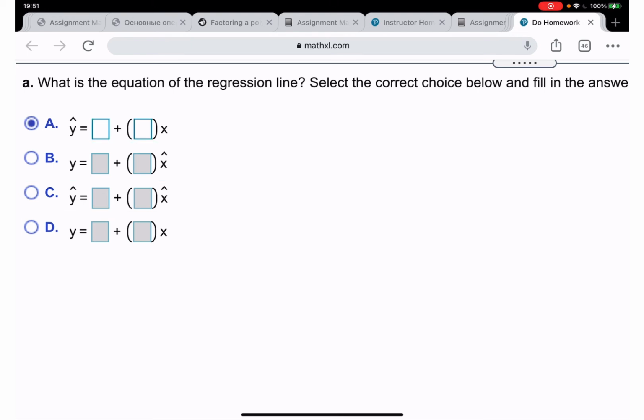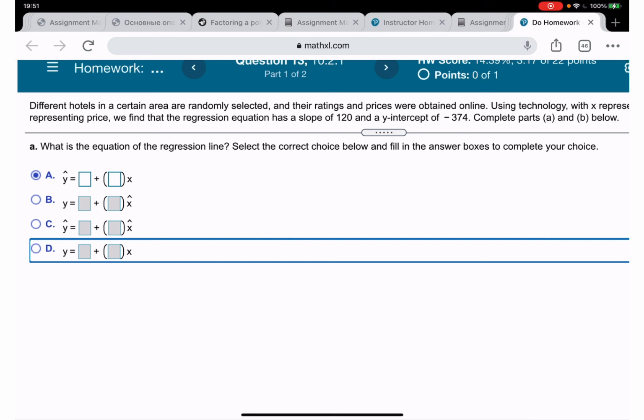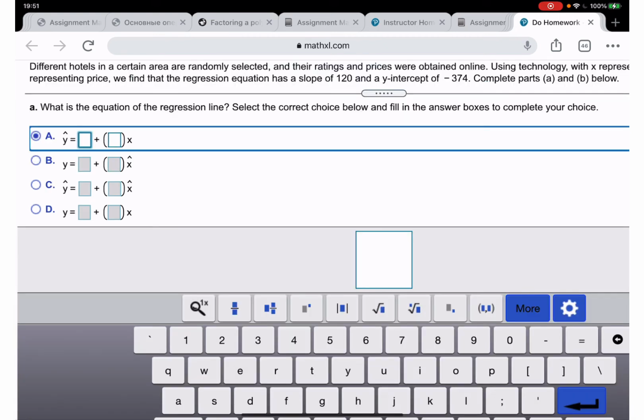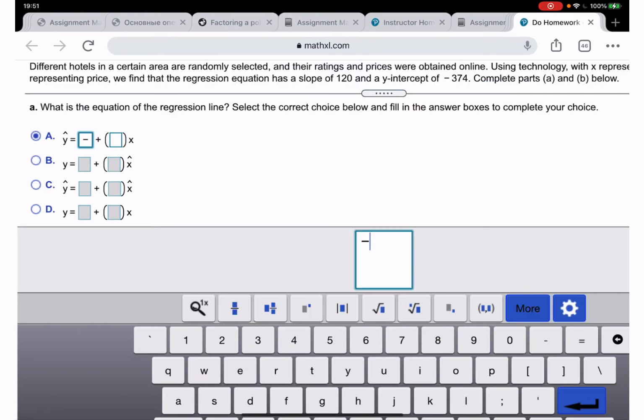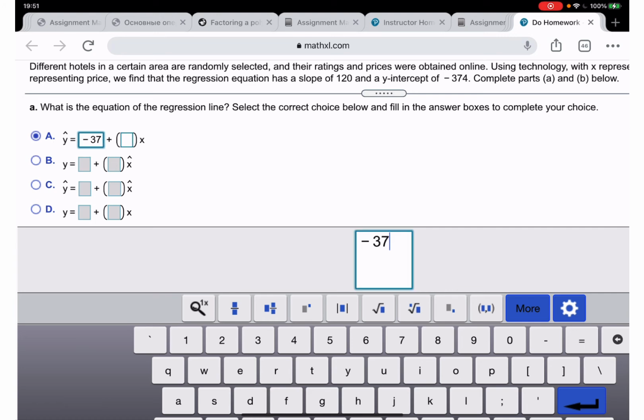So let me write down, y hat equals the intercept plus slope times x. Our intercept says negative 374. Negative 374. And our slope is 120.